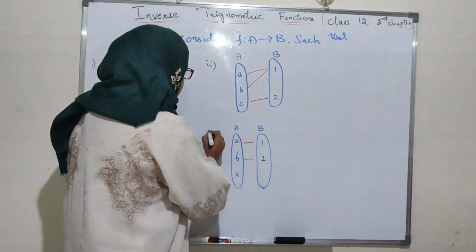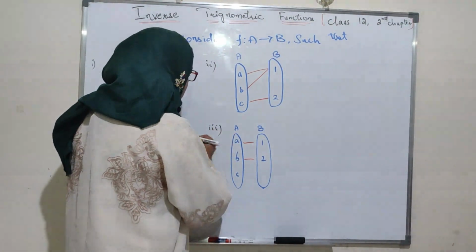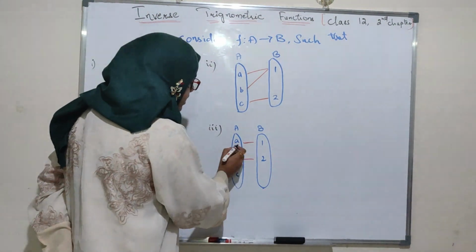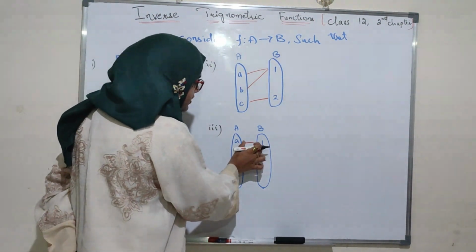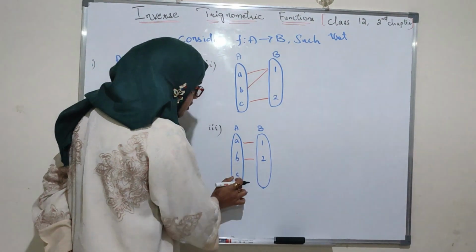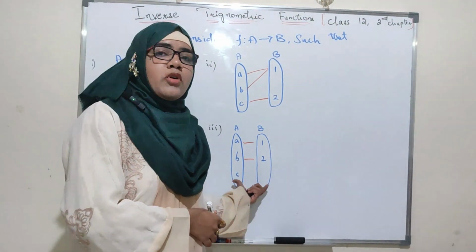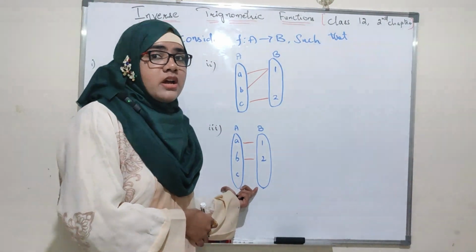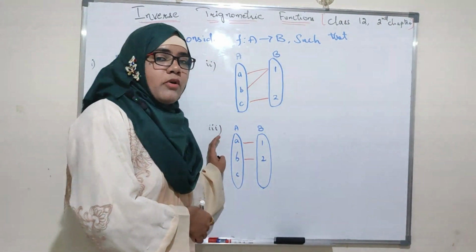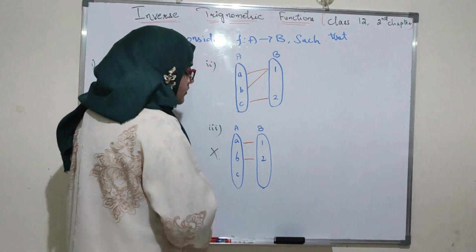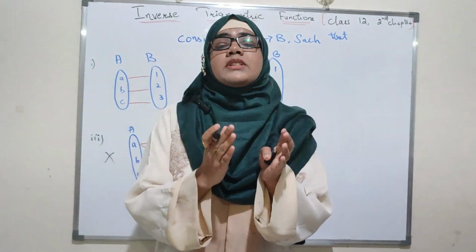See, in this other case, A connects to 1 and B connects to 2. For C we do not have any element which will form the image of C. So in this case also it will not form a function. So, understood what is a function?